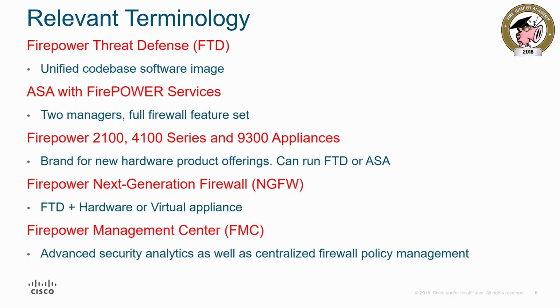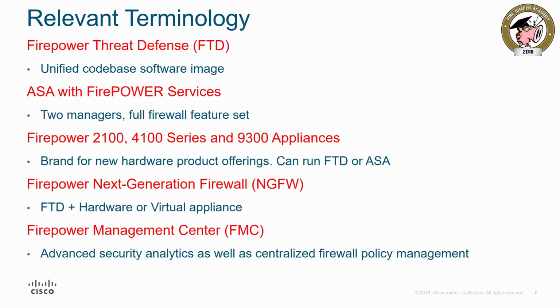Firepower 2100, 4100 and 9300 appliances are the brand new hardware product offerings, which can run FTD or ASA. Firepower Next Generation Firewall is FTD, Firepower Threat Defense, plus hardware or virtual appliance.